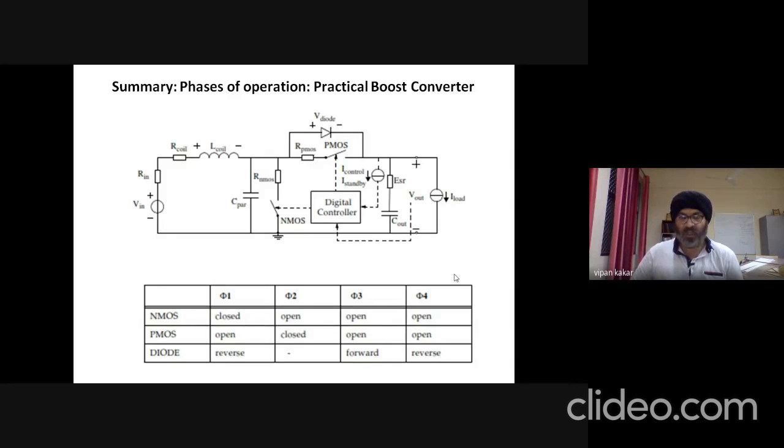Second one was pure mathematical analysis, using mathematical derivations, where we found the relation between output voltage and input voltage, which depends on the duty cycle. And the third was the practical aspect, where we have synchronous switching as well as the 4 phases of operation in the practical boost converter.